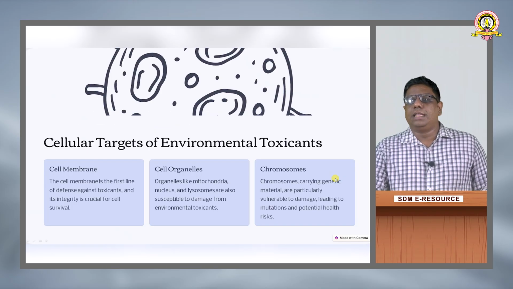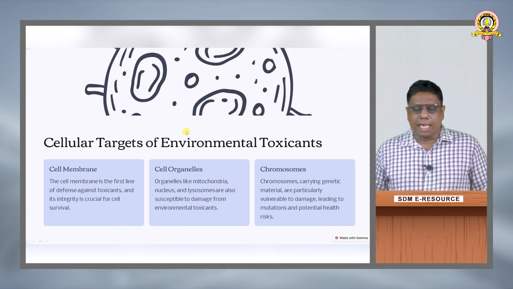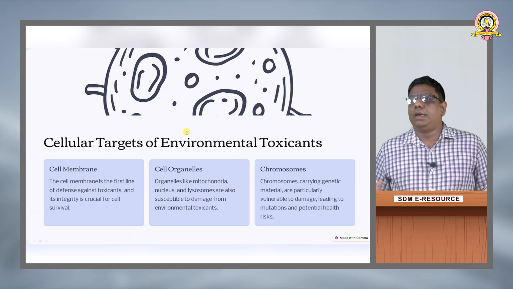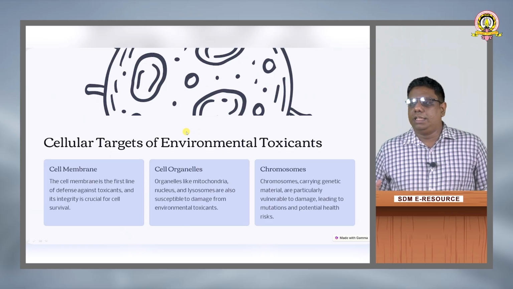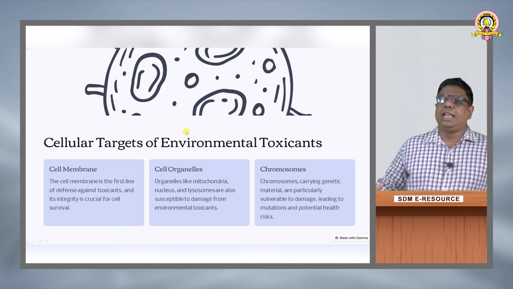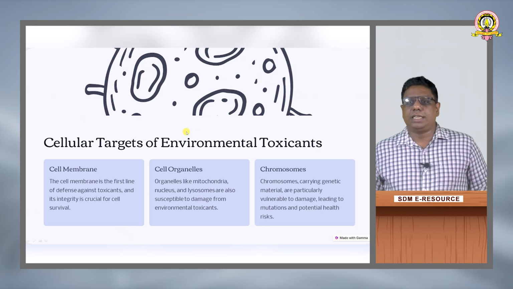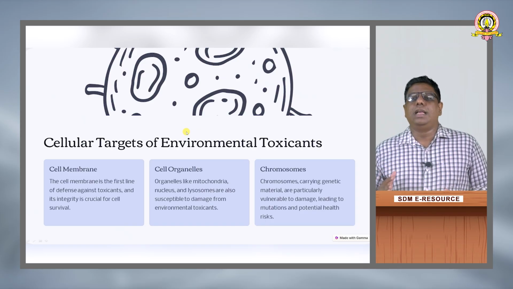Let us see what the cellular targets are and how they are useful in exploring environmental toxins. We have the cell membrane, cell organelles, and chromosomes. The cell membrane is the first line of defense against toxins and is crucial for cell survival.